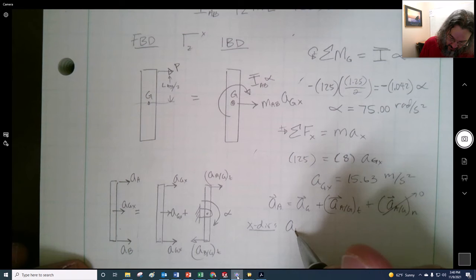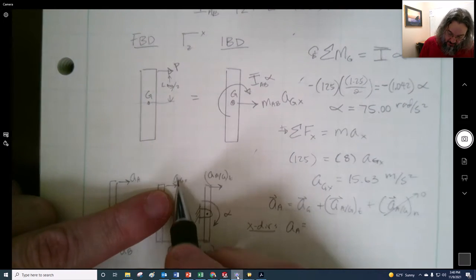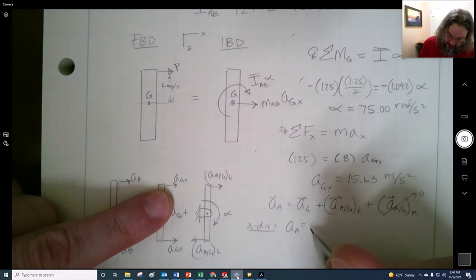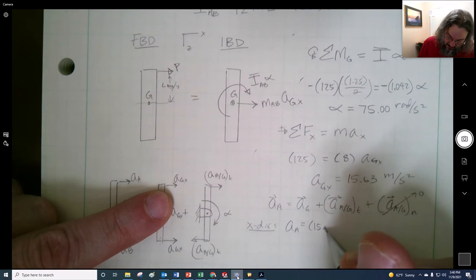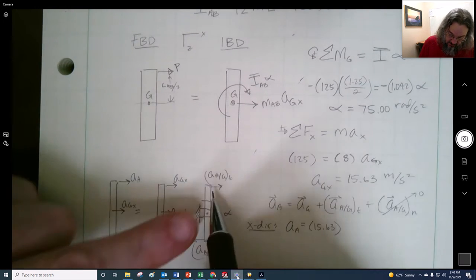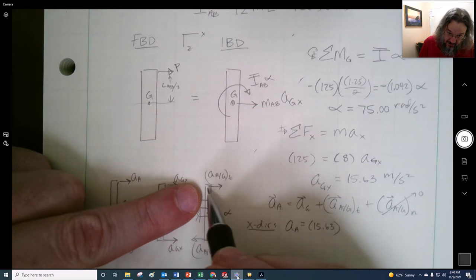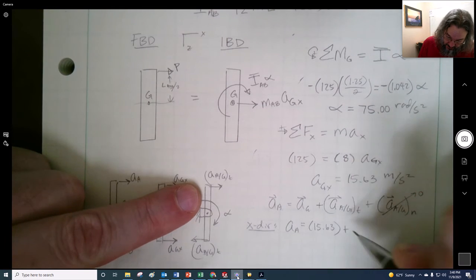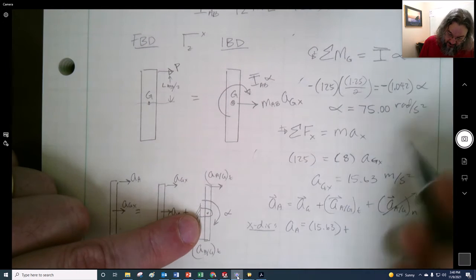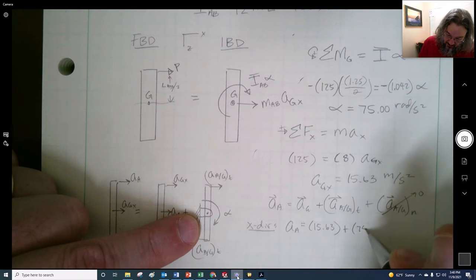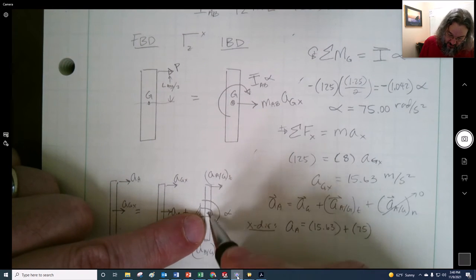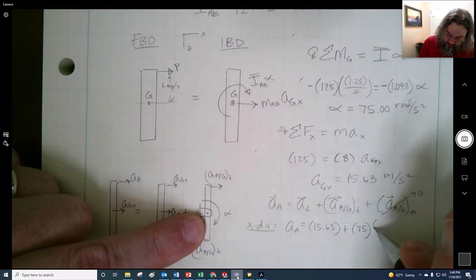We get acceleration of A is equal to the acceleration here. So it's going to be this 15.63. And then this one, we can see that this is going to be positive because that's clockwise, plus that alpha, which we know, 75, times the length over 2, 1.25 over 2.